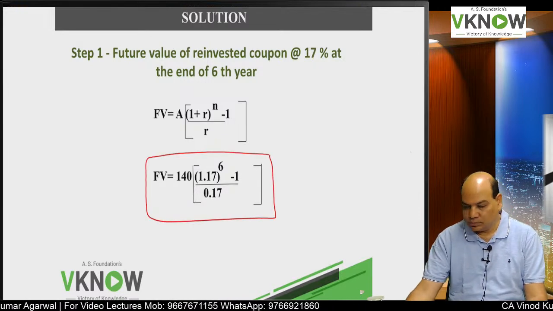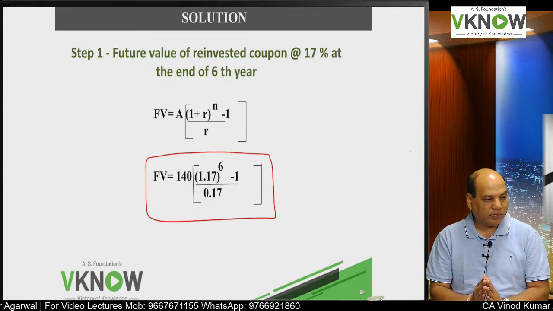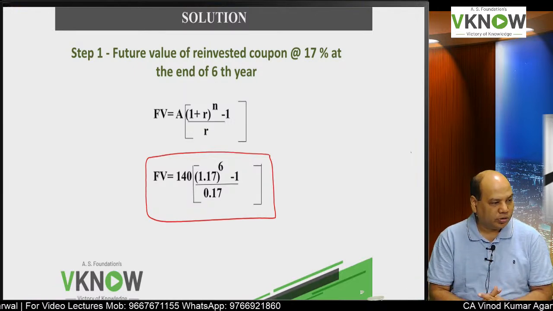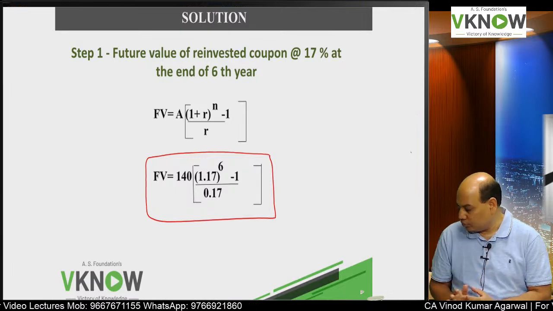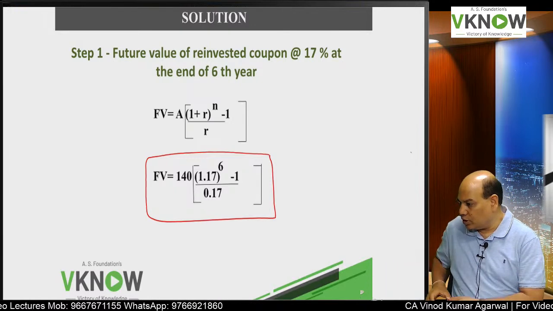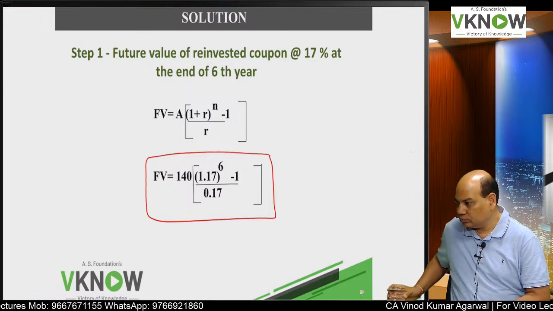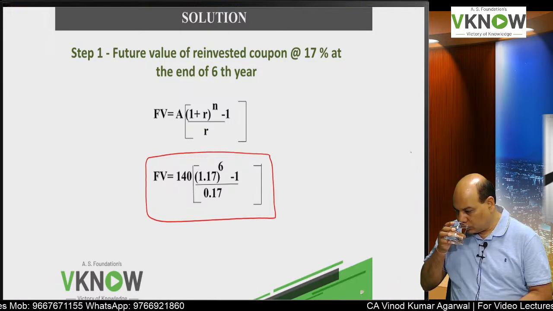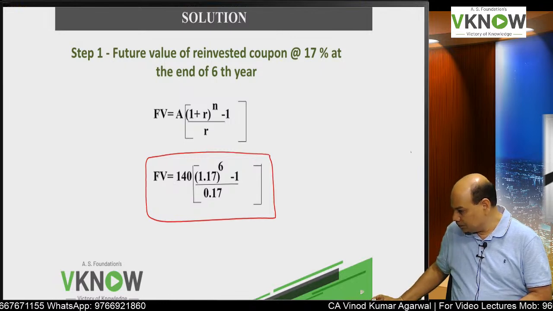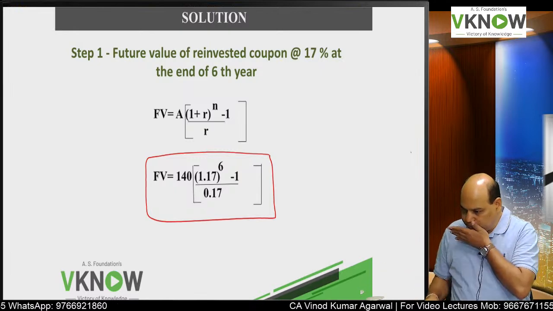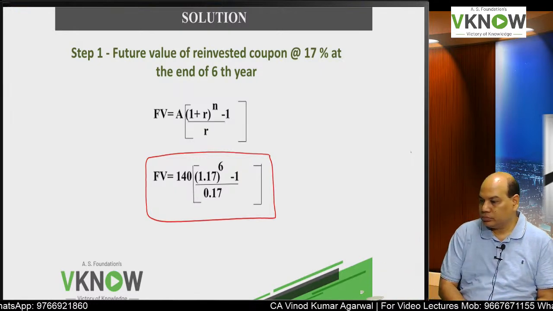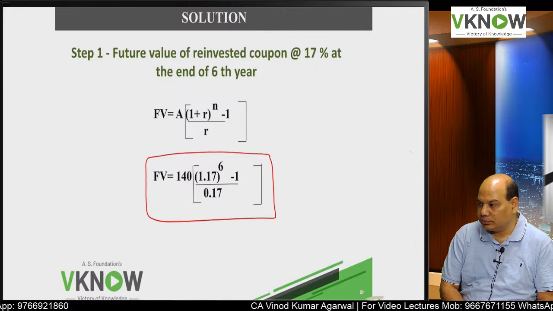Give me the answer. Everybody please try. We are calculating realized yield to maturity, on which we had got a question in the exam also. That question also we will take after some time. What is the answer? Anybody?